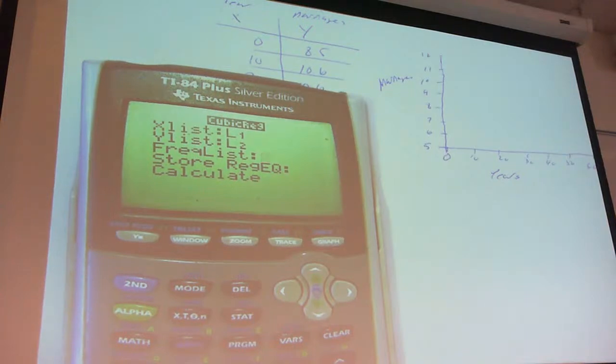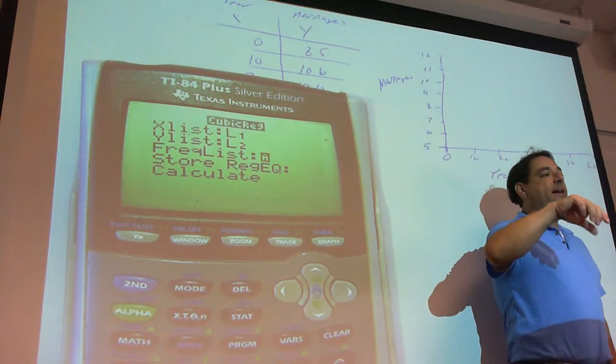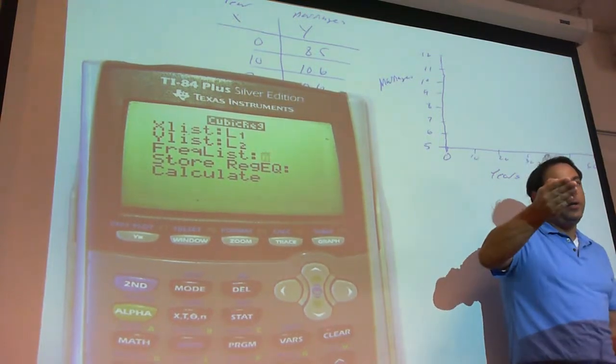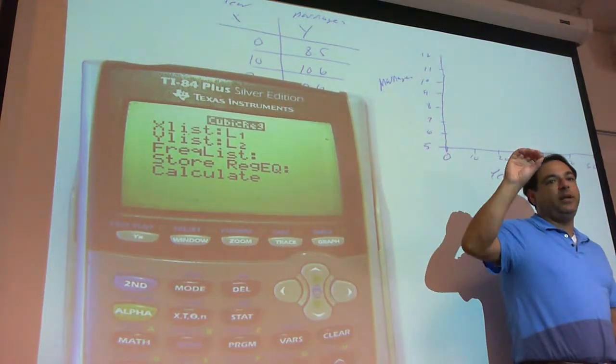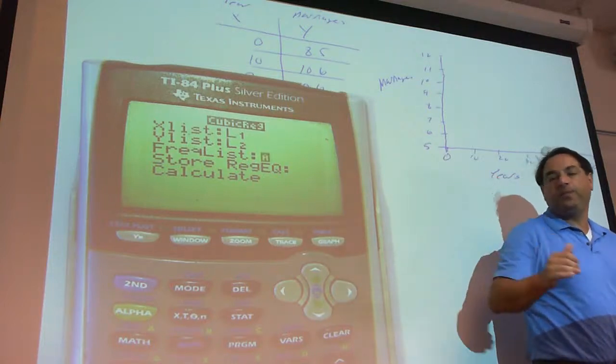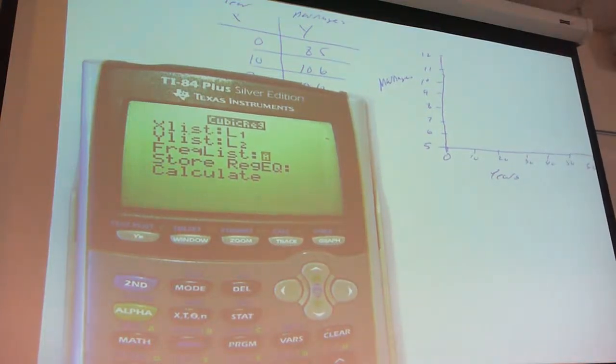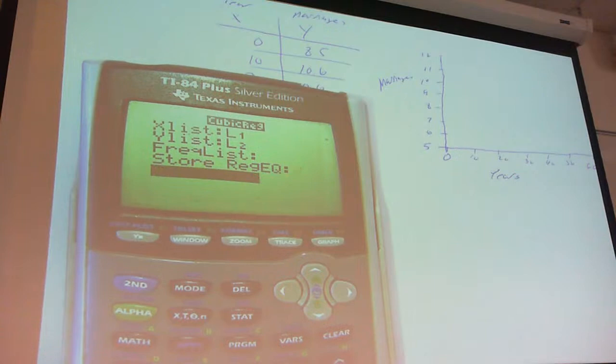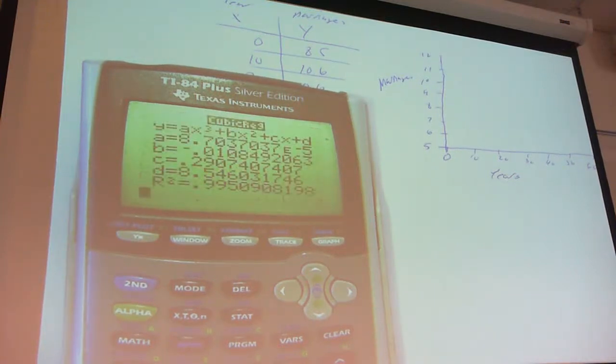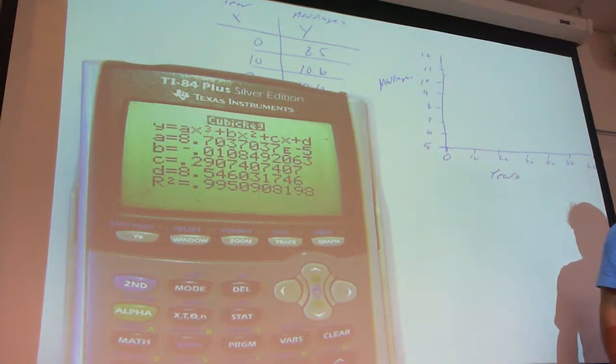If you have the older version, which is totally okay, and yours is just blinking, you have to put list 1, comma, which is above the 7, list 1, comma, list 2. Then hit enter, and everybody look up to see if it all matches. Did everybody get this?